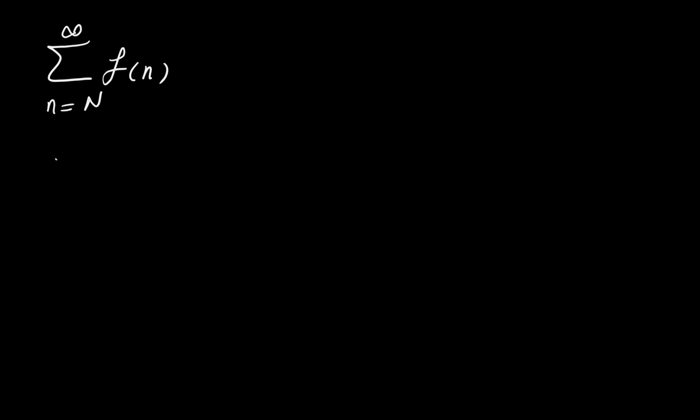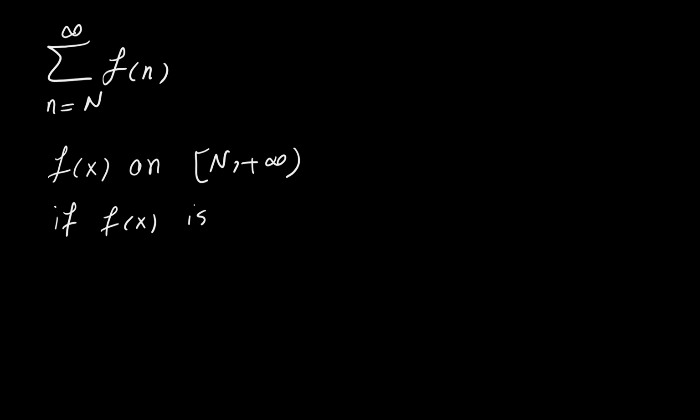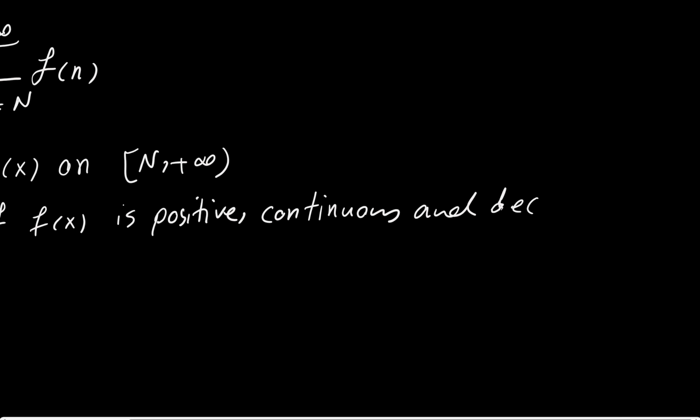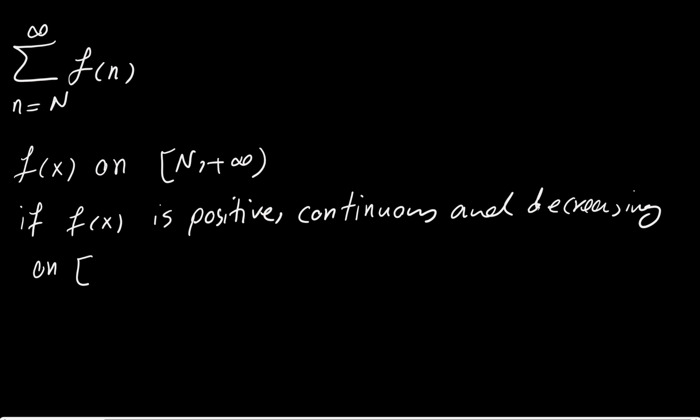So basically, if we evaluate f of x on the interval from N to positive infinity, and the function f is positive, continuous, and decreasing, all of them on the interval from N to positive infinity, we need to evaluate all of this.